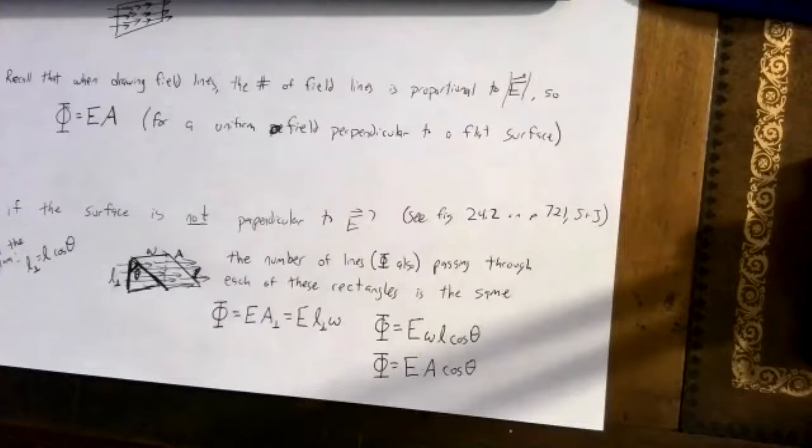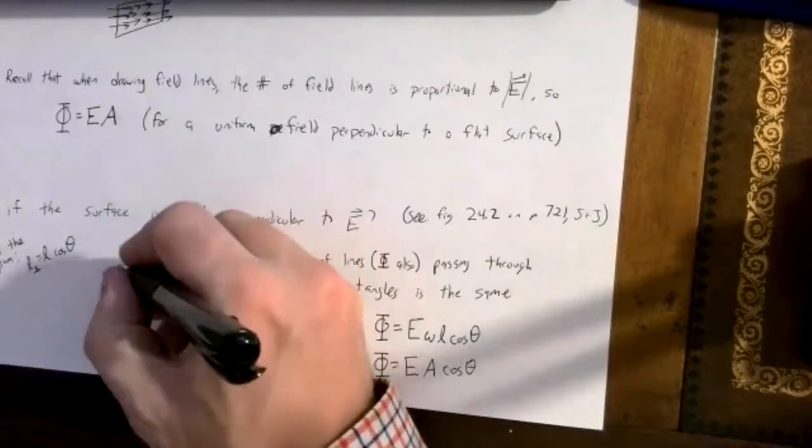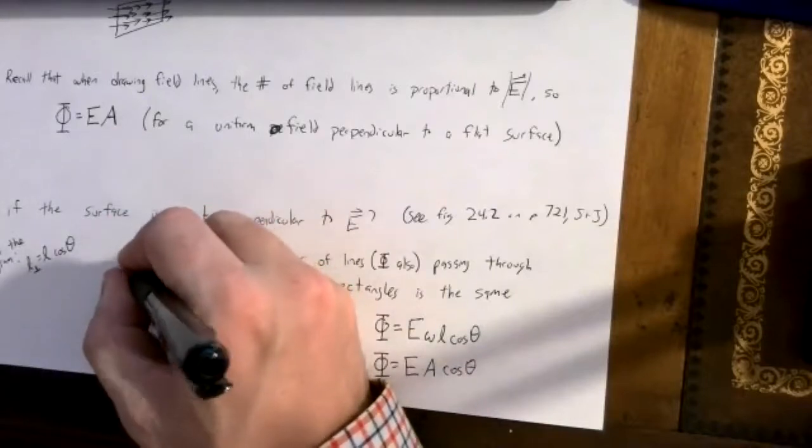So let's see, we're almost done. We'll go on to the next page here. So a little bit more about this angle theta. We want to be able to know what that is.